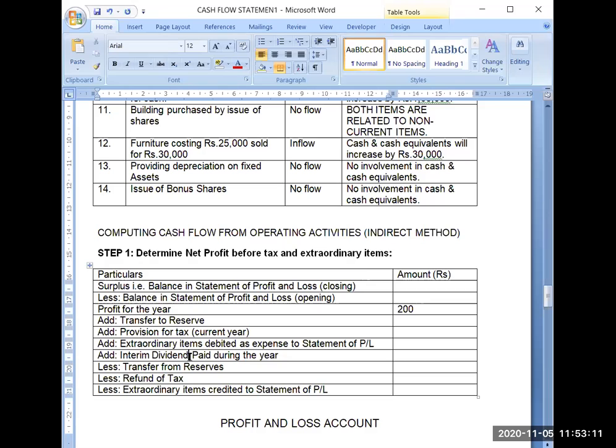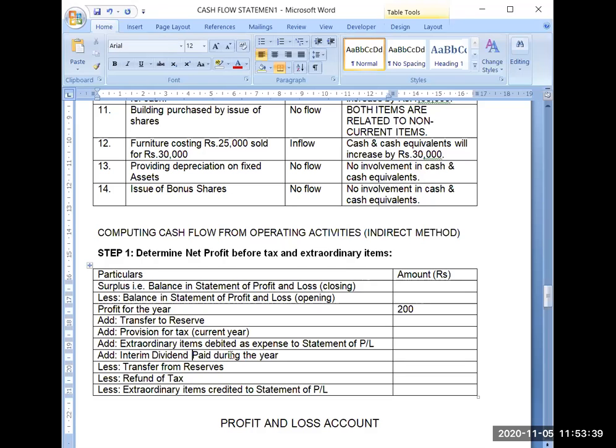The dividend is usually paid after one year's profit has been calculated. But because now the practice is that we prepare our financial statements on a quarterly basis, we are giving dividend to shareholders in the middle of the year also. Whichever dividend is paid during the financial year is termed as interim dividend.